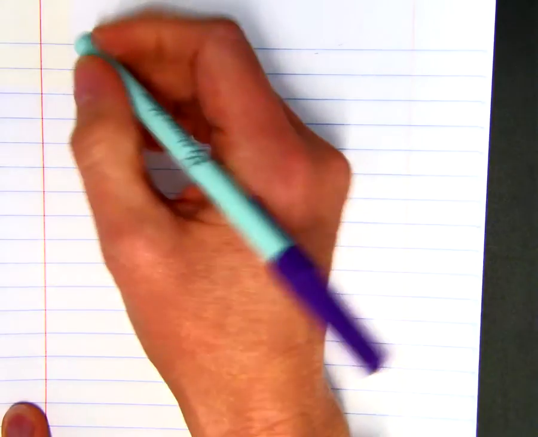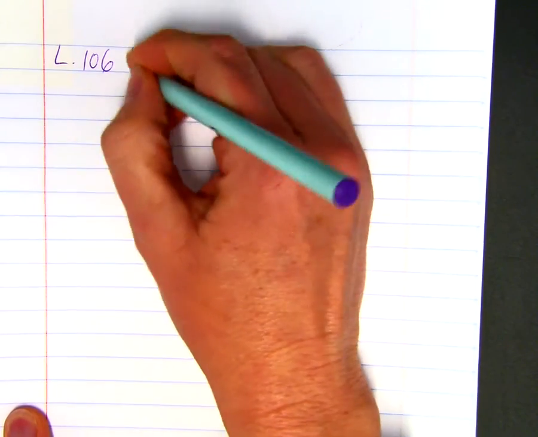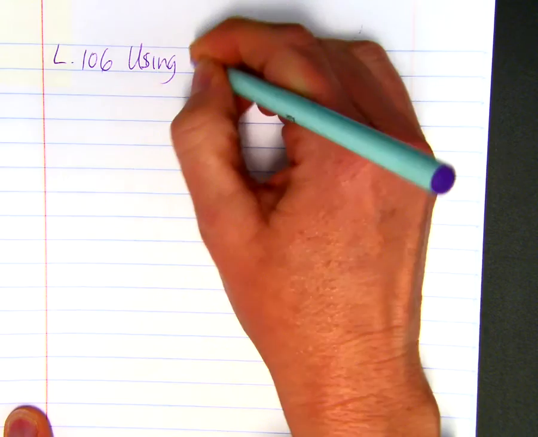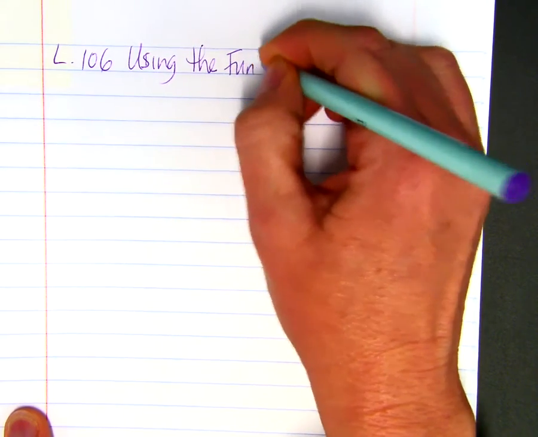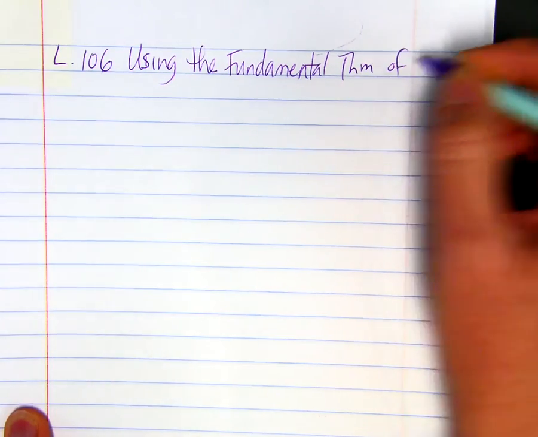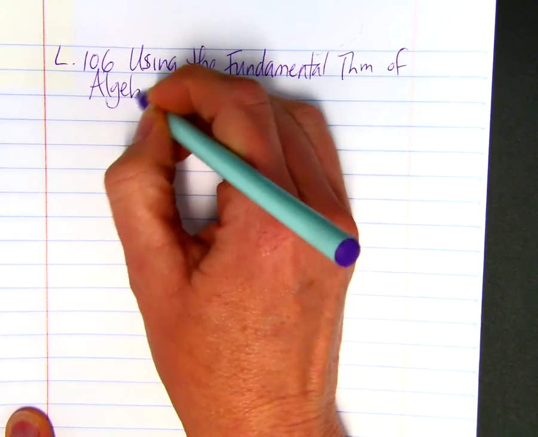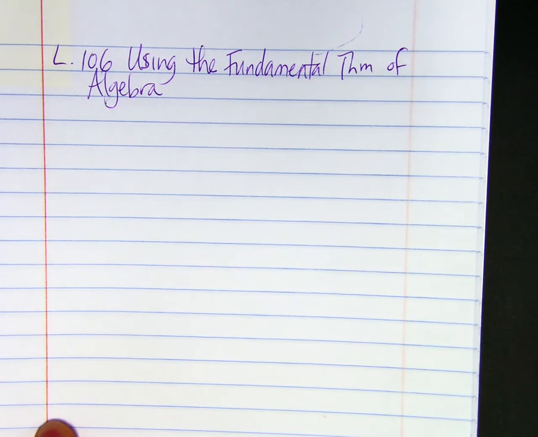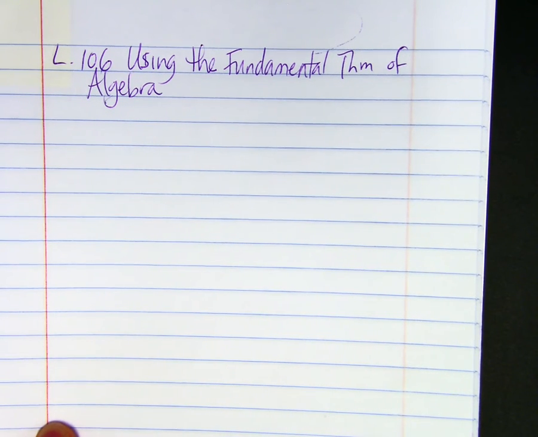Question 106 is using the fundamental theorem of algebra. The fundamental theorem of algebra just states that every polynomial of degree n greater than or equal to 0 has at least 1 zero in the complex numbers.